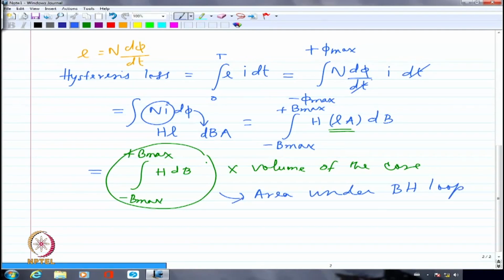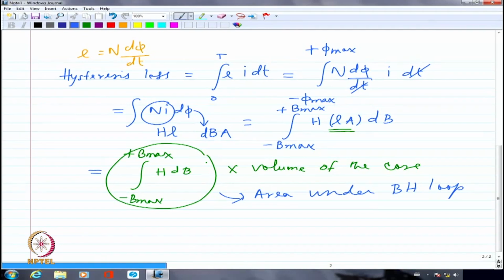The hysteresis loss is given by the area under the BH loop, but I have to make sure the flux density is plotted in Tesla and H is plotted in ampere per meter, so that they are in the correct scale.